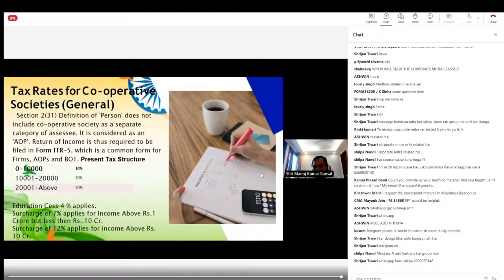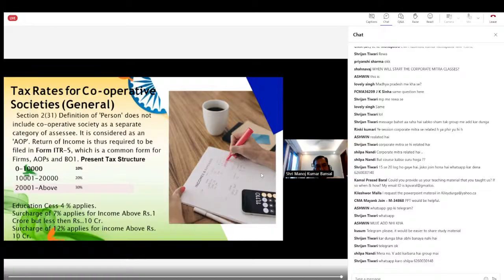For the audience, the way I discussed, CAG is there. When they conducted a review of all the ITRs being filed by the cooperative societies, one very important thing which came to the open is that many of the cooperative societies had got themselves registered as BOI, body of individuals, or firms, not as AOPs, whereas they were required to file their returns as association of persons, so that a clear-cut demarcation is there.